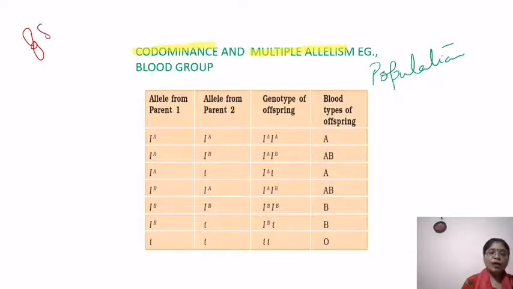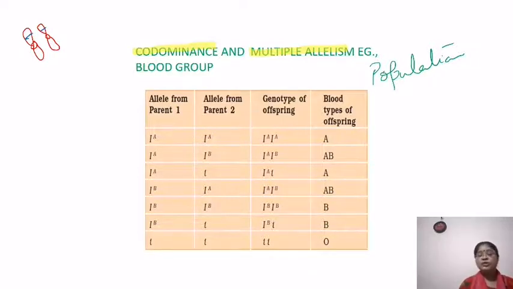Why? Because you have only a pair of homologues. On one homologue you can have one allele, and on the other homologue another. Not more than that. So there can be only two alleles in an individual, but a population can show many alleles.